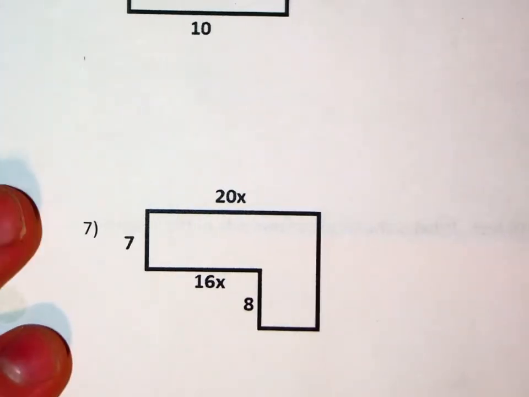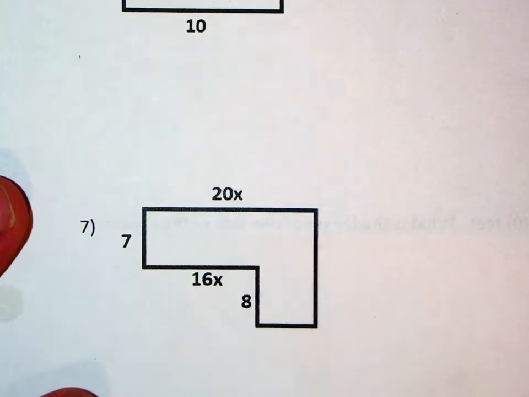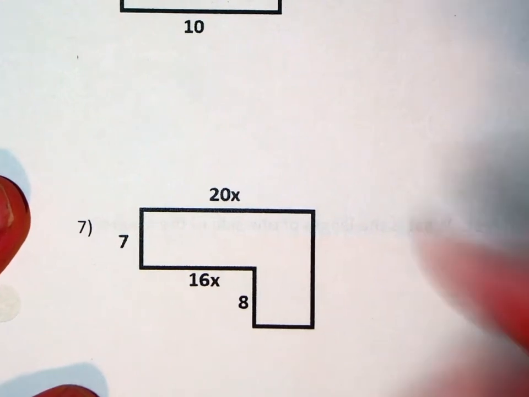Let's look at problem number 7. Down here we're looking at area. And so in order to find the area, we know that we need length times width.